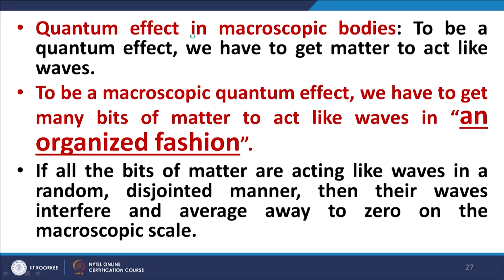if they organize themselves coherently, then even in the macroscopic domain we would be able to view and perceive quantum effects. That is the important thing, because these matter waves in the case of macroscopic objects tend to annul each other, because they are randomly oriented, randomly phased.